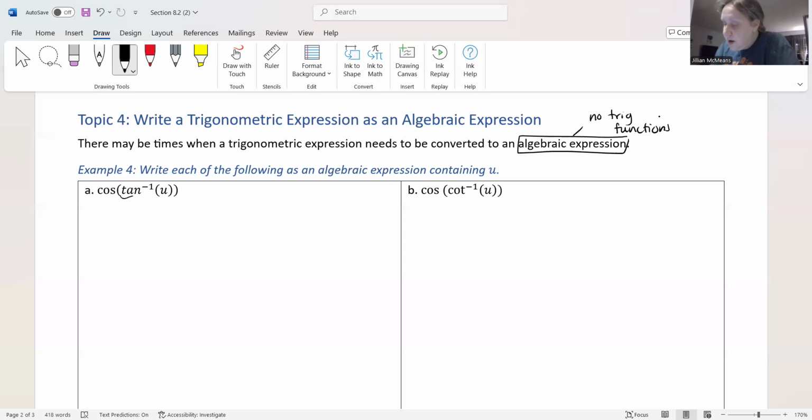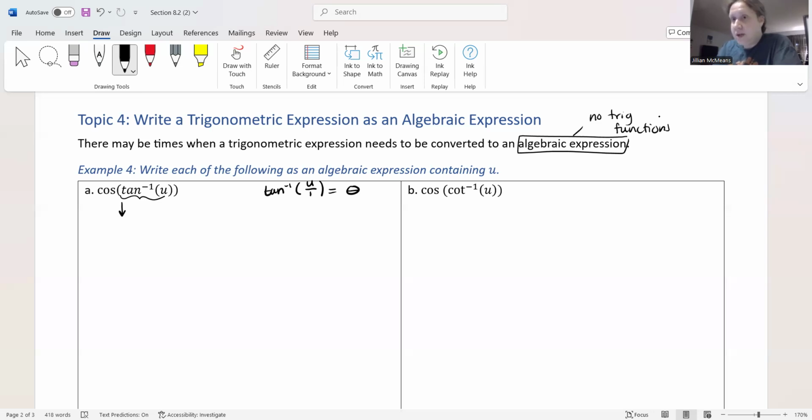So let's talk about inverse tangent of u, okay? Remember, inverse trig functions operate on ratios and have output values that are angles, okay? So we can basically say that inverse tangent of some ratio u, and I'm going to go ahead and call it u over 1 so we have a distinct numerator-denominator ratio, is going to equal some value for theta. It's going to equal some angle. So what we can do at this point is we can be like, okay, well, that's cool.